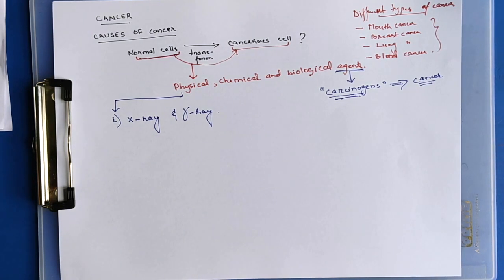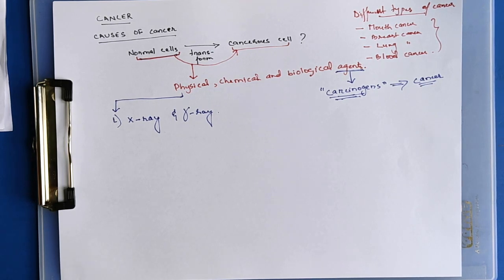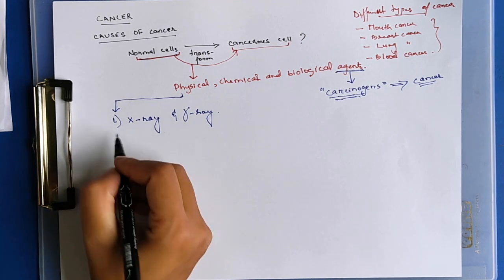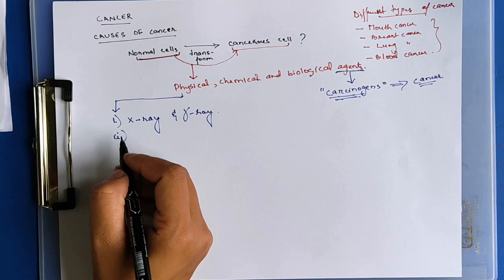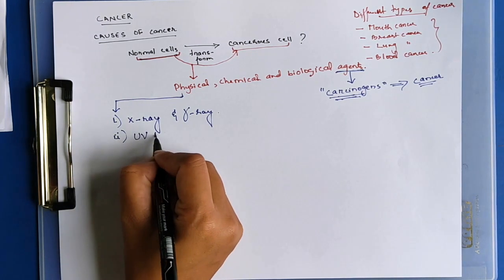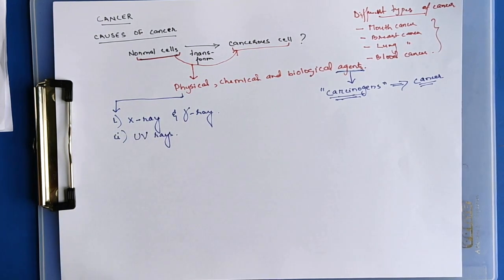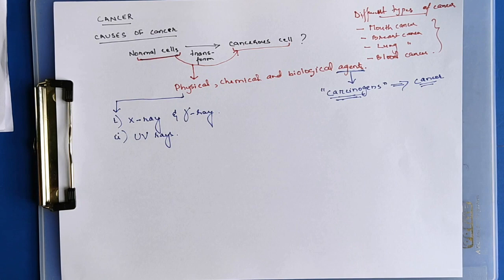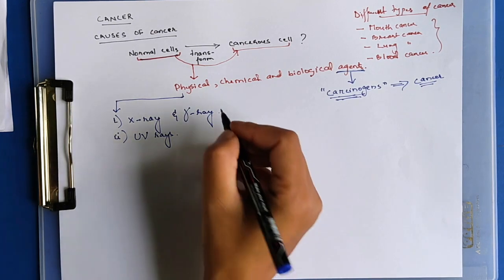When a person is exposed to X-rays or gamma rays, they can get cancer. Non-ionizing radiations include UV rays, ultraviolet rays. If you keep on exposing yourself to ultraviolet rays, you can get skin cancer and eye cancer.